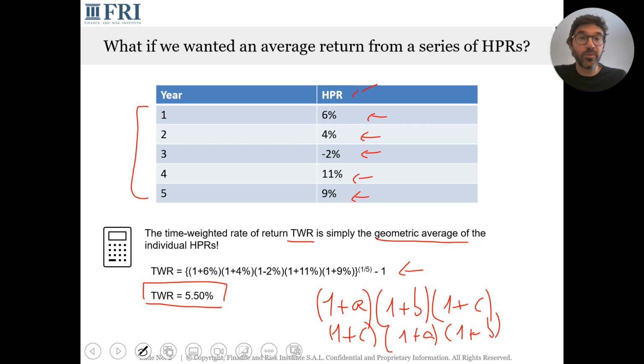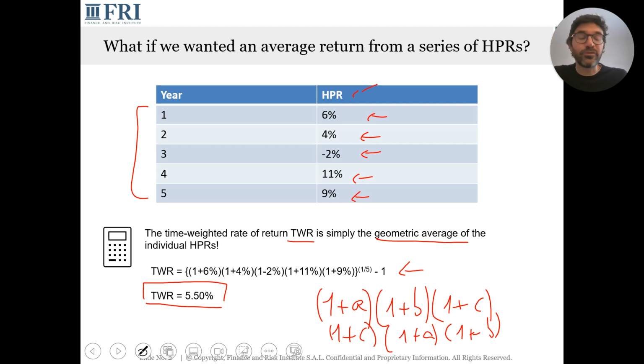And you can verify one more time, the information regarding how much money was in the portfolio was absolutely not given in this example. I don't know whether $1 million earned 6% in year 1 or $500,000. I don't know if at the beginning of year 3, the investor had $2 million, $5 million, or if the investor added some money to the portfolio, or on the contrary, withdrew some money from the portfolio.